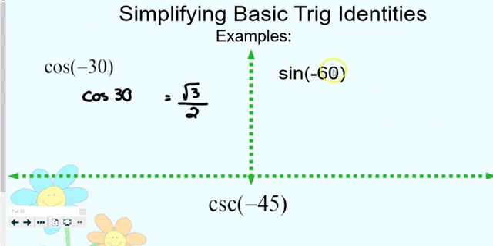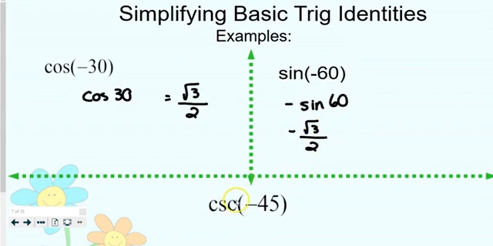The sine of negative 60, sine has origin symmetry. It's an odd property, and so the sine of negative 60 is equivalent to the opposite of, or the negative, the sine of 60. And of course the sine of 60 is root 3 over 2, so this would be negative root 3 over 2. And we can of course verify that by calculating the sine of negative 60 degrees, which would be in the fourth quadrant, which would be a negative amount.